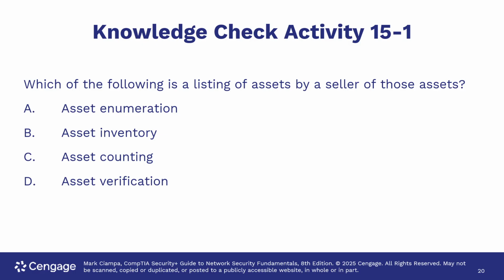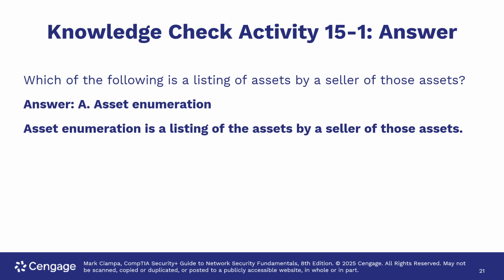Okay, so listing of the assets is going to be asset enumeration. That's a listing of the assets by a seller of those assets. You can think in your head the word enumeration means like a listing. You're listing it out, breaking it down into multiple parts.